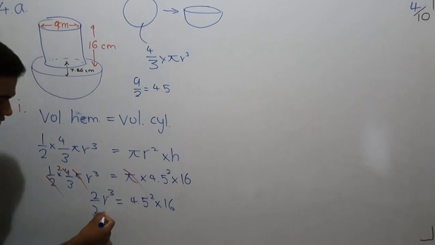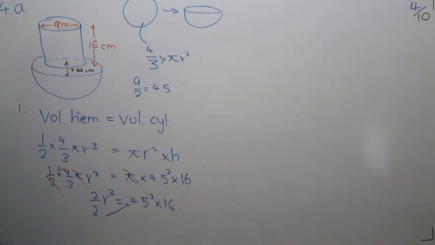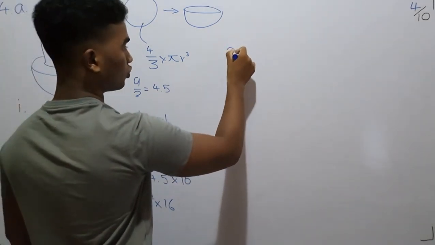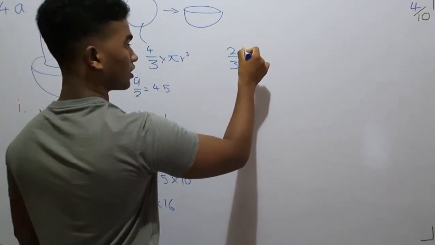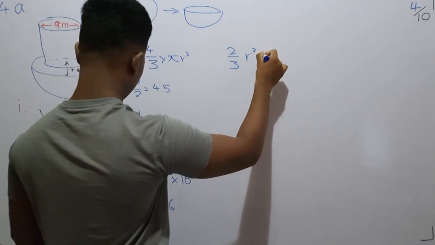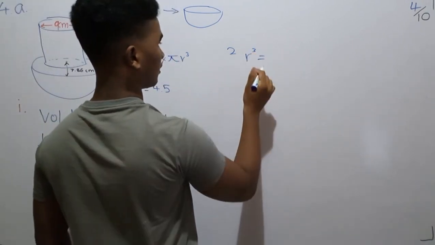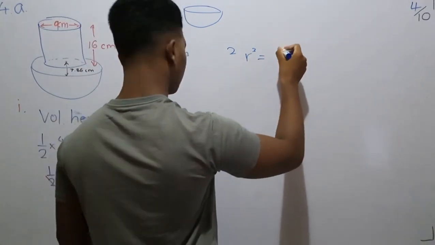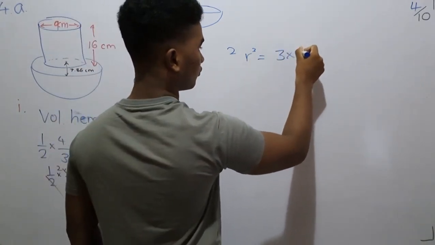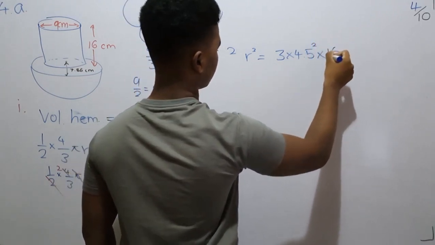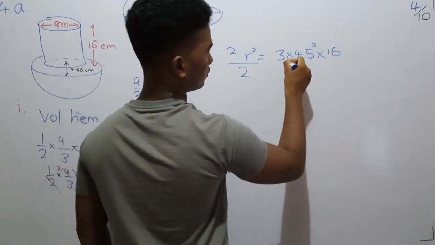Cross multiply this 3 to the opposite side. So when you cross multiply, 2 divided by 3 r cubed equals, I'll cross multiply straight away, so 3 into 4.5 square into 16, divide both sides by 2.